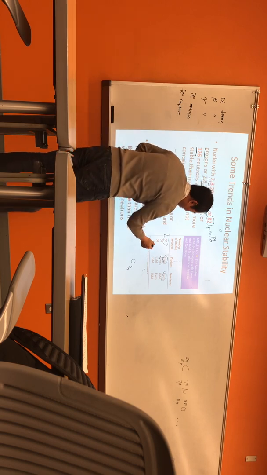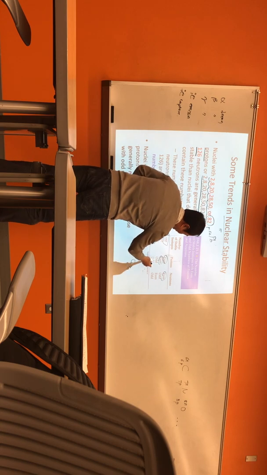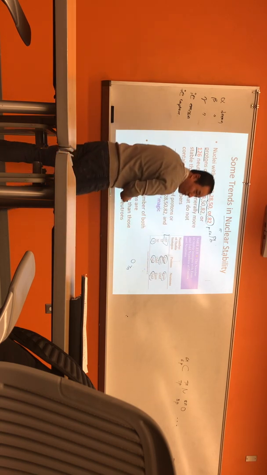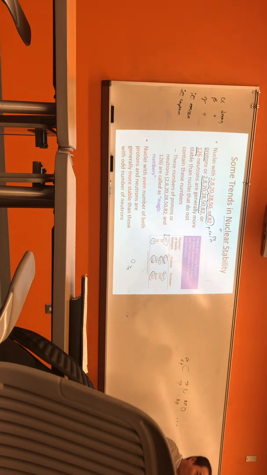On the other hand, there are only 5 stable isotopes with odd numbers. Okay? So somehow they want to have a pair. When it comes to the nucleus, they like to be together with another, so they get an even number. Same goes with electrons. Electrons also prefer to be paired with another electron.